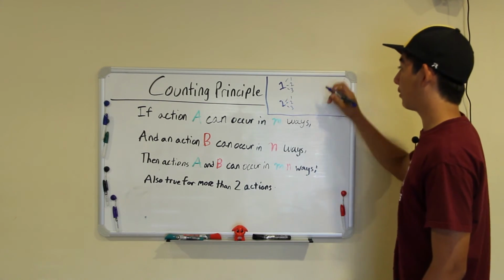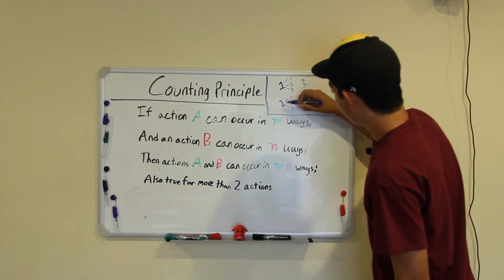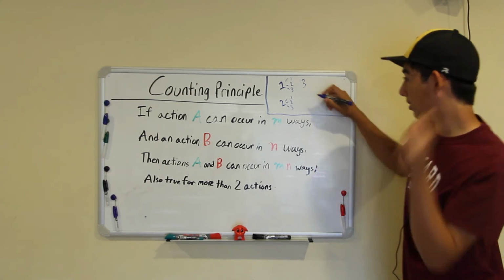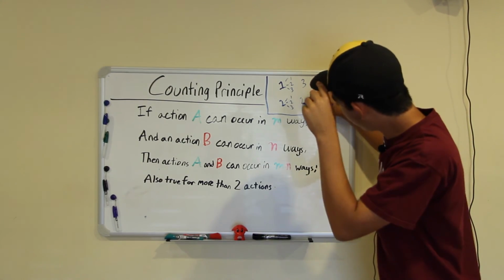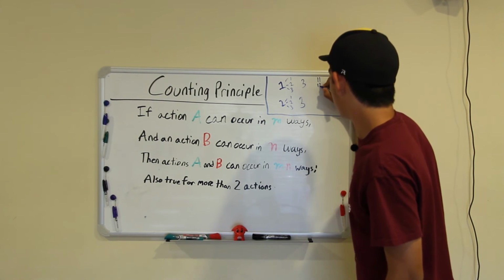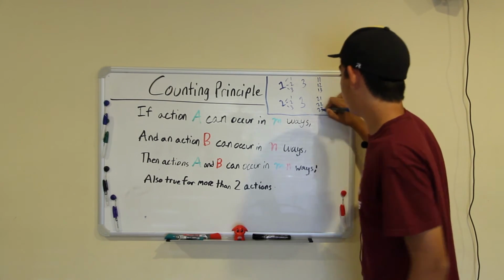So already here there's 3 possibilities for combinations in the first one. In the second one, if I were to choose 2 first, there's still 1, 2, or 3 that I can choose for the second option. So there's 3 options total there. I'll write them out. 11, 12, and 13 for there, and 21, 22, and 23 for here.